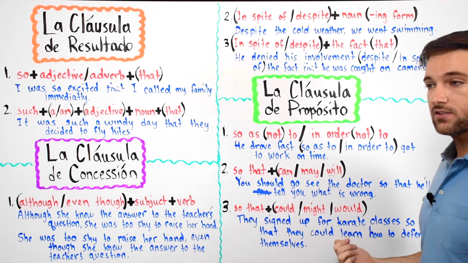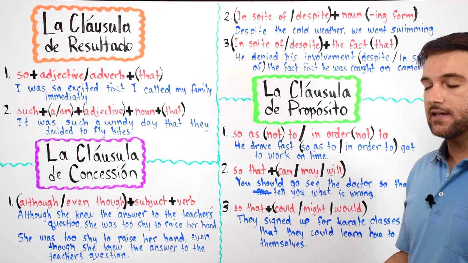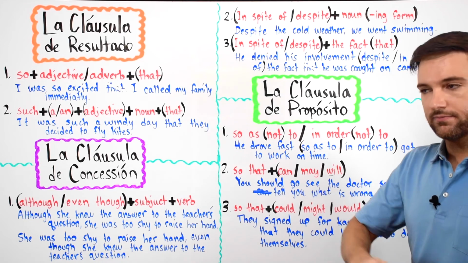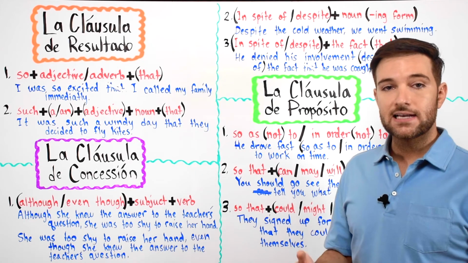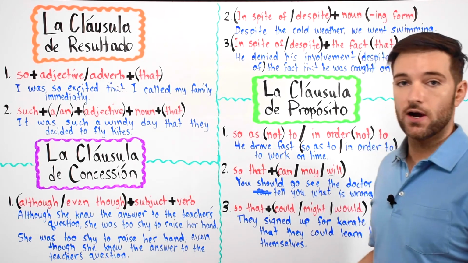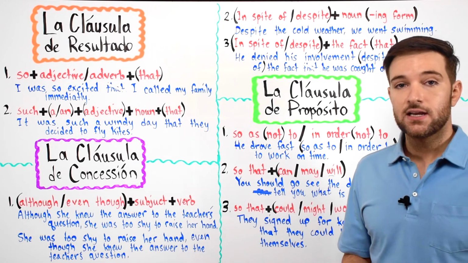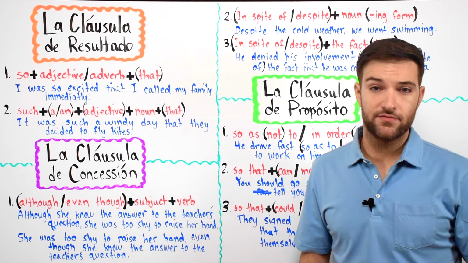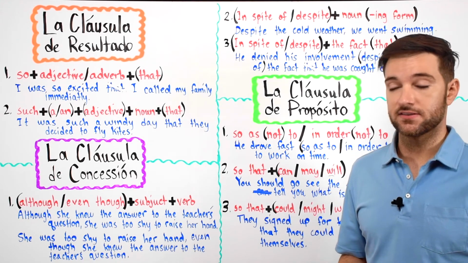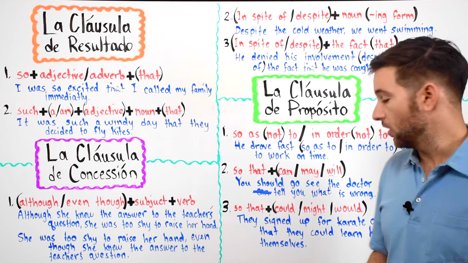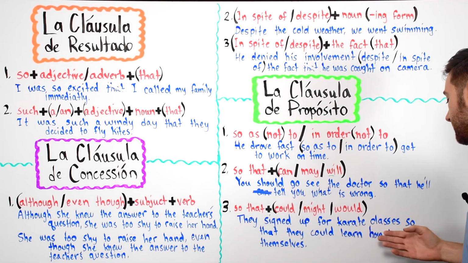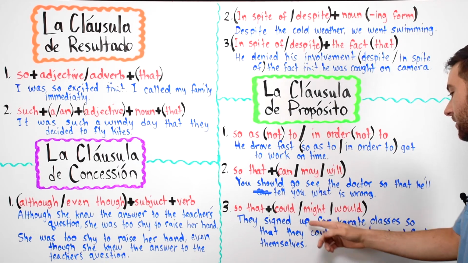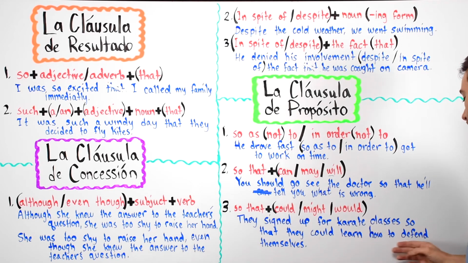So in this case, we say, ellos se inscribieron, right? They signed themselves up en clases de karate, para aprender a defenderse. All right, to learn how to defend themselves, to defend oneself. All right, they signed up for karate classes so that they could learn how to defend themselves.